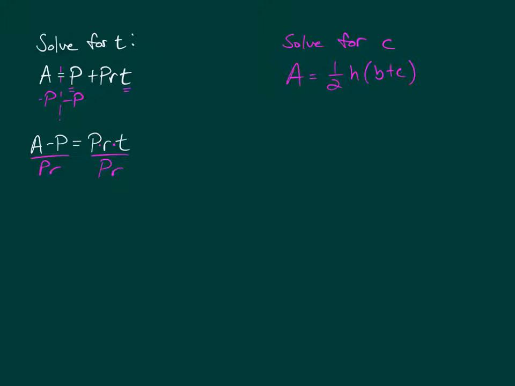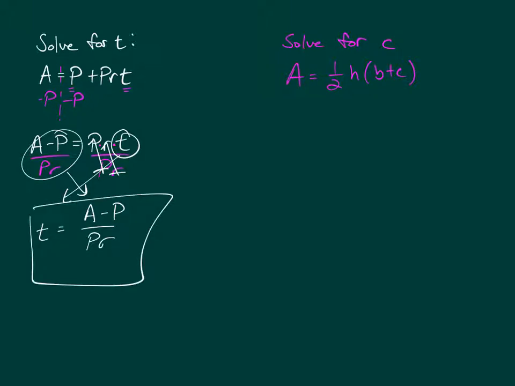And that leaves me with t equals a minus p over pr. Right, this p reduces away, this r reduces away, just leaving me with t. And so I just wrote this equality in the reverse order, which is allowable. So there's the answer. t equals a minus p all over pr.